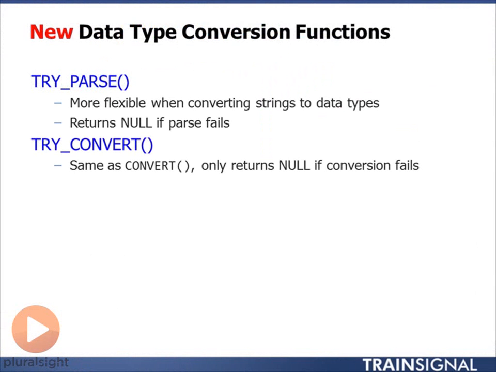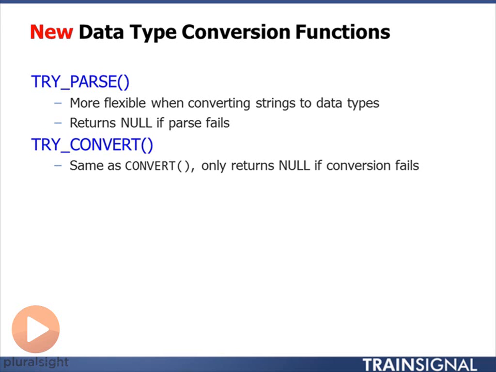The problem with both cast and convert is that if they fail, we get an error message. And this can be especially troublesome when we're dealing with user input. So how do I just simply say, hey, look, give it a shot, and if it doesn't work, give me back a null value? This is where try parse and try convert come into play.